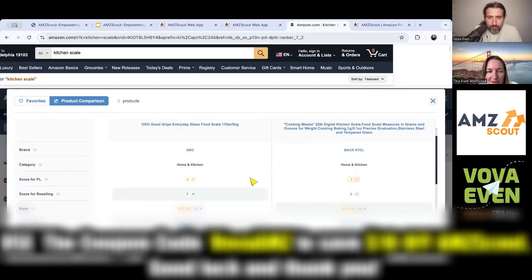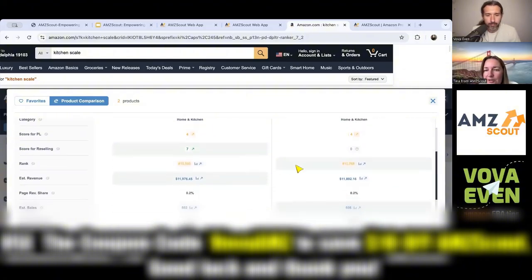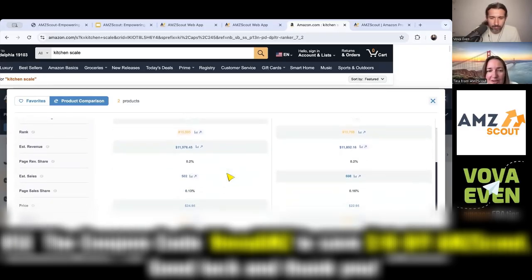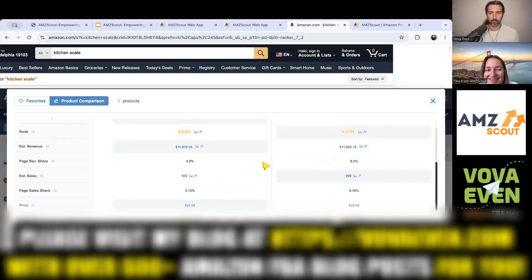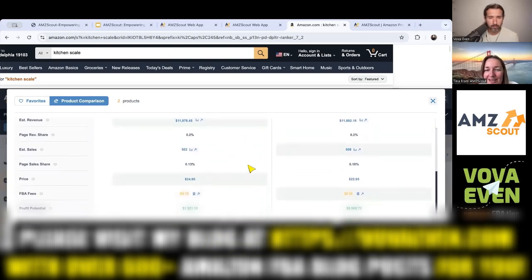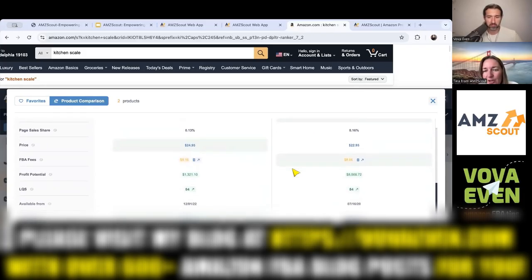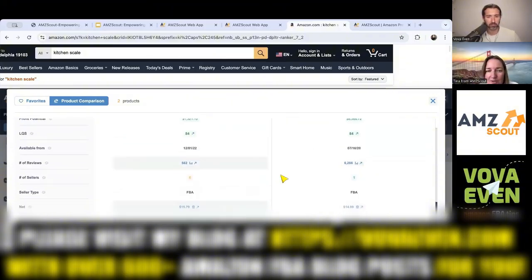They have similar scores for private label, similar categories. Also, this one has a higher rank, but this one has a little bit higher revenue because of the price, I guess. They have very similar page revenue share and so on. You see the comparison, which data points are better for this one and which are better for that one.